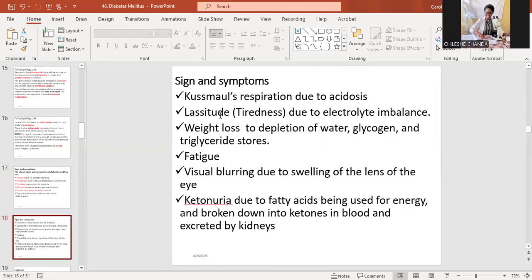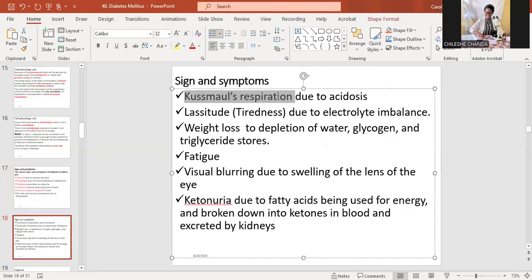The patient will have Kussmaul's respirations due to metabolic acidosis. The patient will be tired most of the time, and this will be due to electrolyte imbalance. The patient will lose weight due to depletion of water, glycogen, and triglyceride stores. The patient will be fatigued because there aren't enough nutrients in the cells.